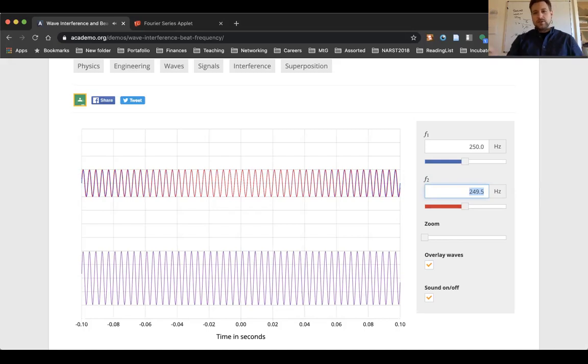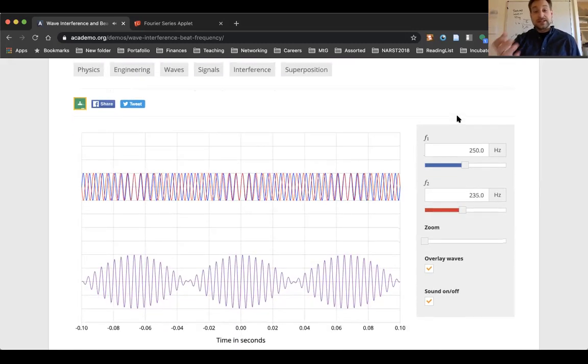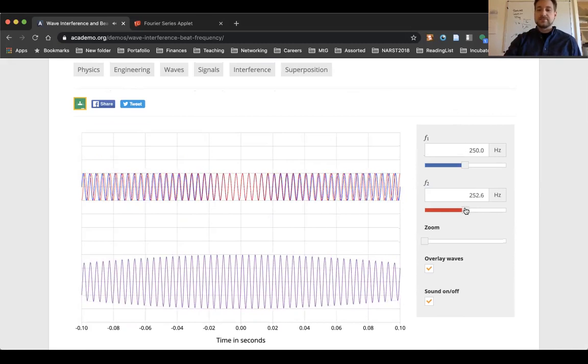If two instruments are playing at different frequencies, we'll be able to tell, because our ears can detect those differences.